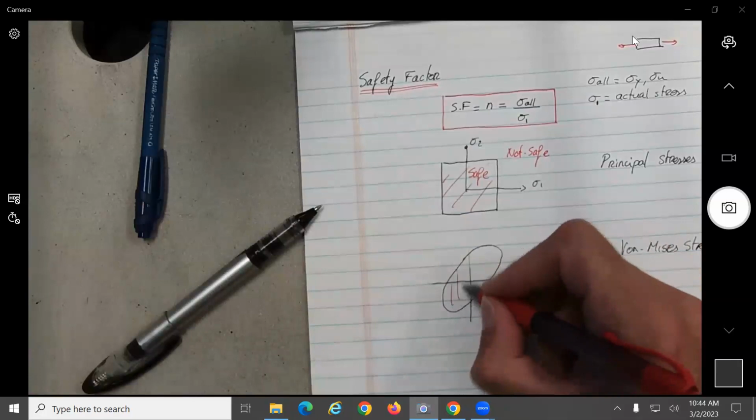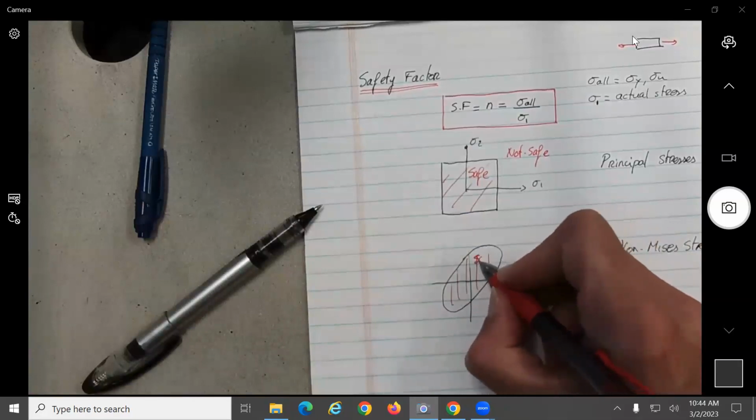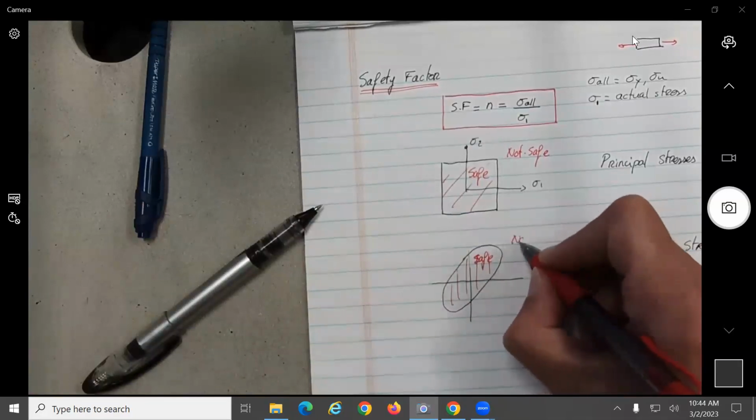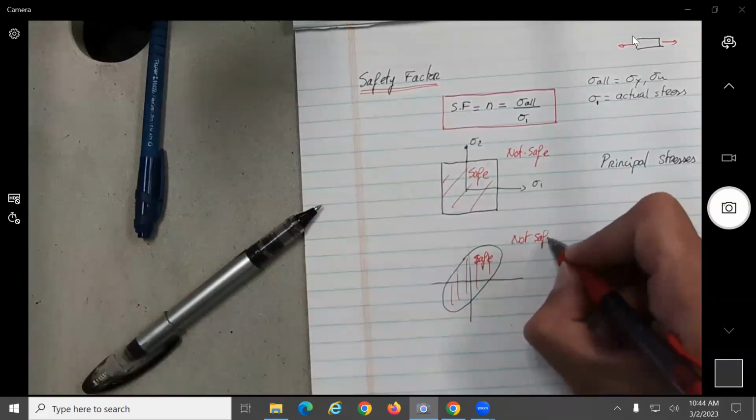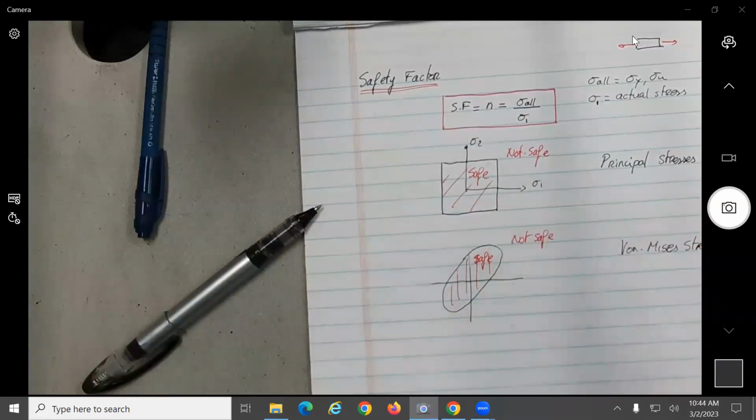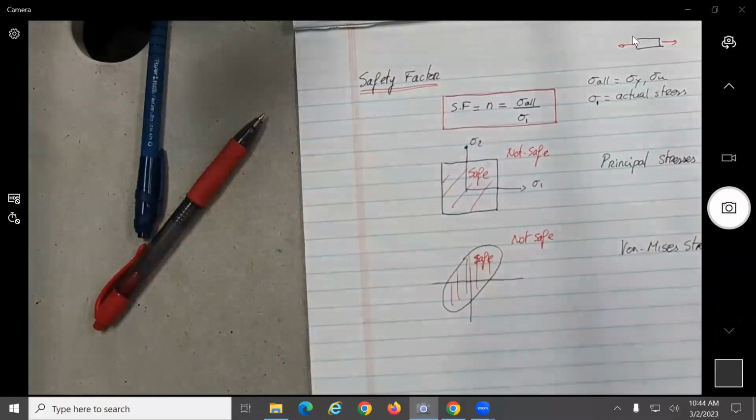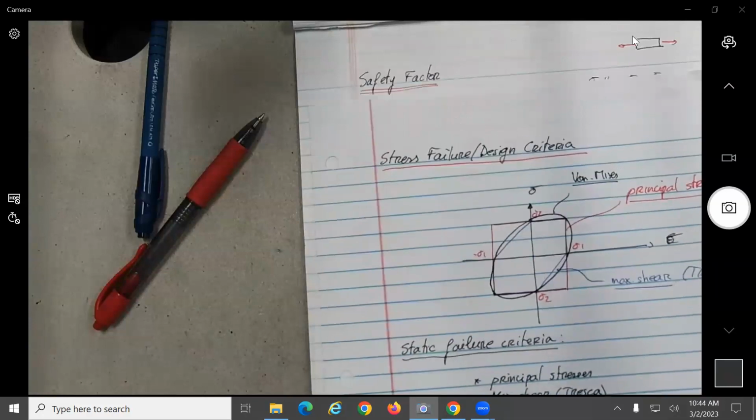Again, if you stay within the limits here, it will be safe. If you go outside, it will be not safe. Again, remember this is related to the figure over here that we did before.